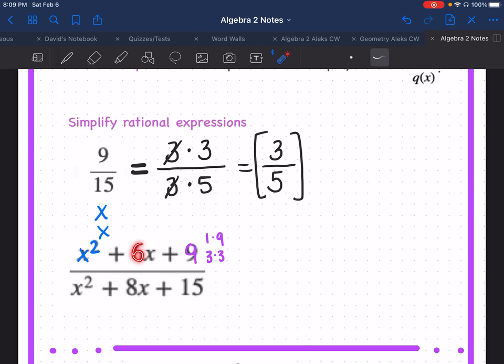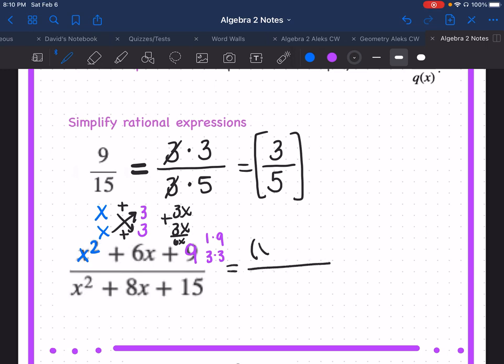So I know that 3 plus 3 is 6, so I'm going to go ahead and try 3 times 3 for 9. I'm going to go ahead and cross multiply, giving me 3x. And this one gives me 3x as well. And when I add those together, I can easily see that I do get my 6x. Because my 3's are both positive, I put a plus.